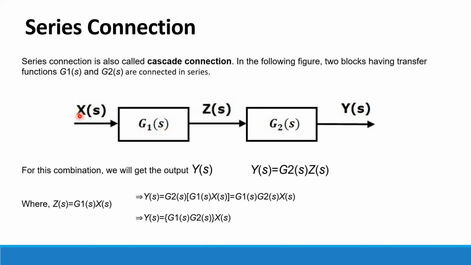So input is X of S multiplied by transfer function G1 of S, that equals Z of S. So Z of S is equal to G1 of S into X of S. You simply put the value of Z of S obtained from this equation into the original equation. You get Y of S equals G2 of S into G1 of S into X of S. So you can say that it equals G1 of S, G2 of S into X of S.